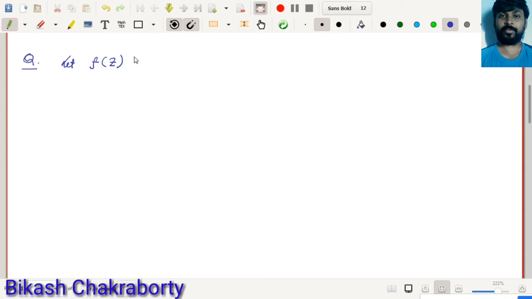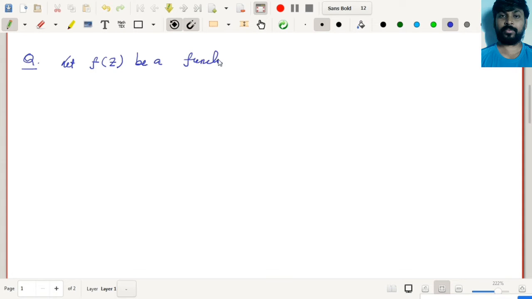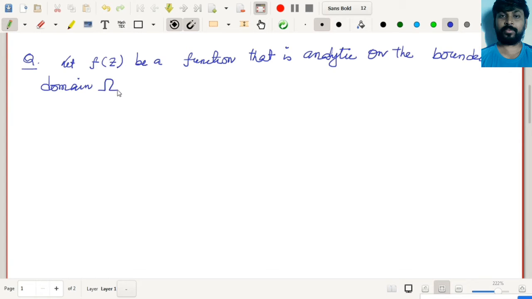Let f(z) be a function that is analytic on the bounded domain omega and continuous on omega bar.